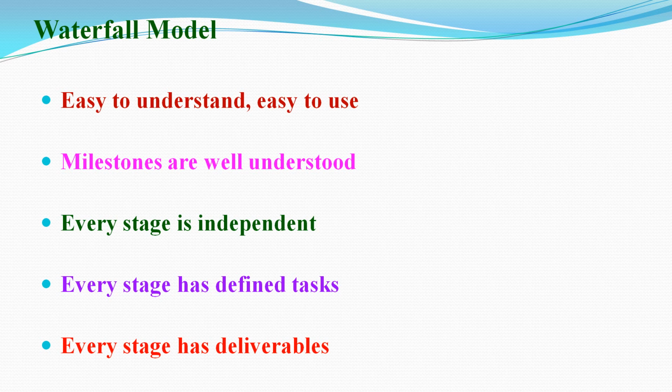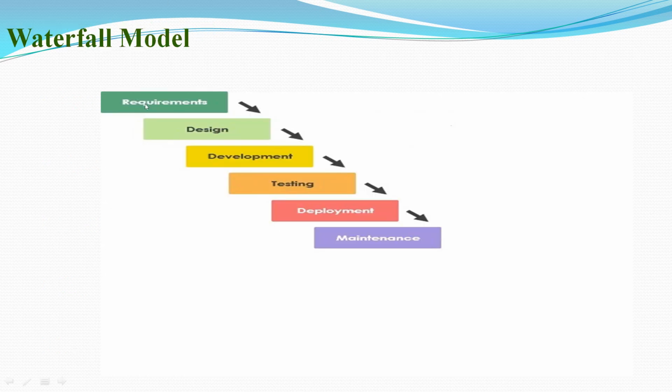For example, take the first stage, requirements. What is the deliverable of the requirements phase? It is the BRS document, the business requirements specification document. So this BRS document is the output or deliverable of the requirements phase.